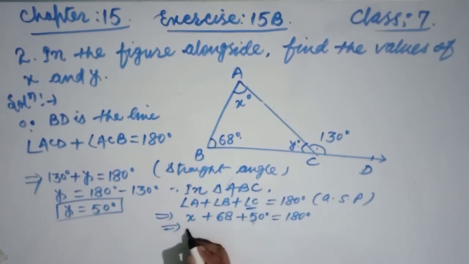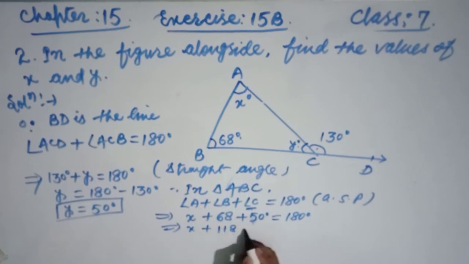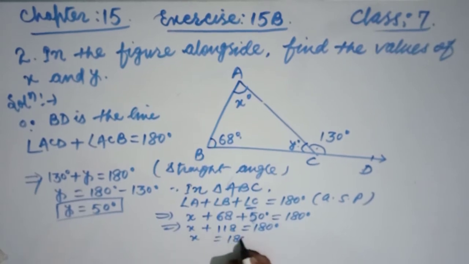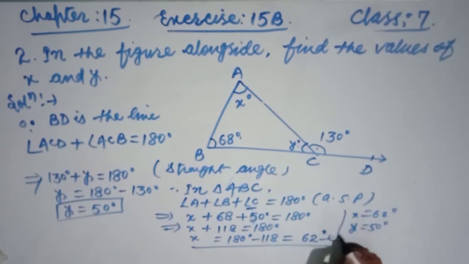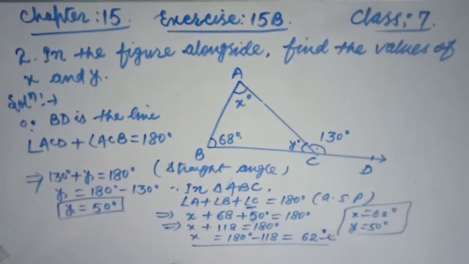Now add the values: x plus 118 is equal to 180 degrees. So x is equal to 180 minus 118, which becomes 62 degrees. So this is your answer, friends. The value of x is 62 degrees, and y is 50 degrees. Okay, I hope you will understand.